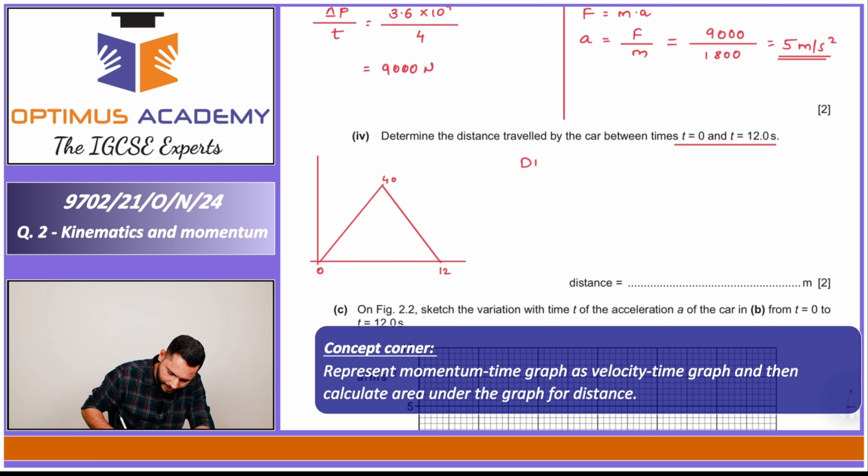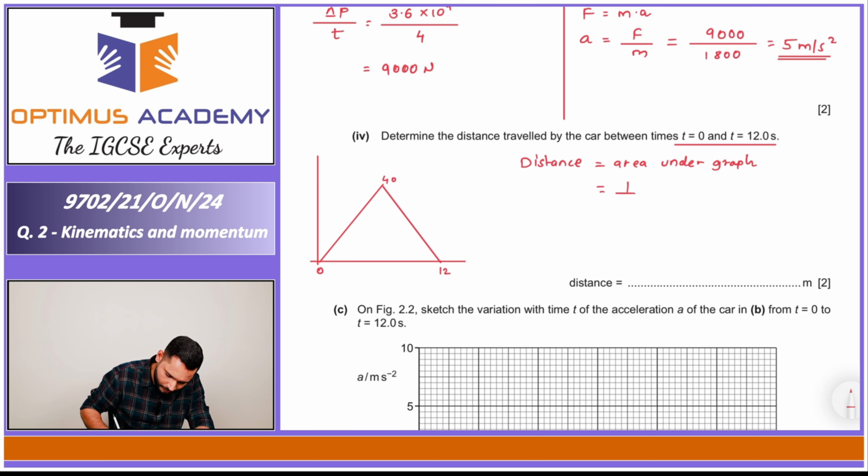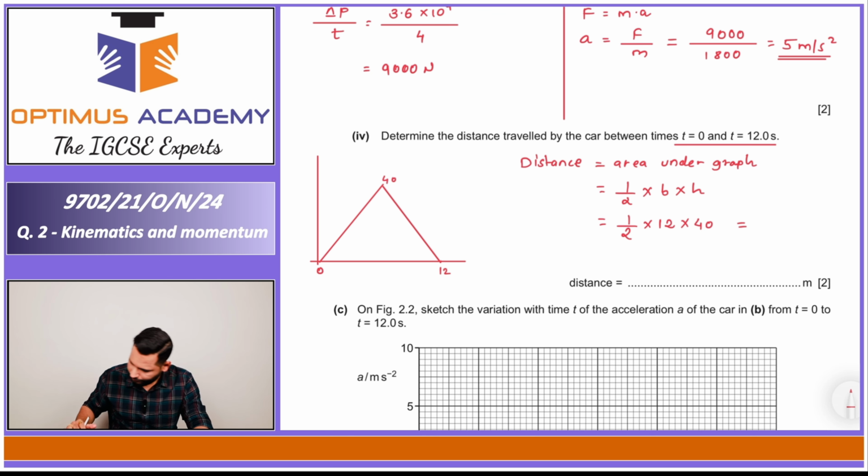So the distance can be calculated as area under graph, and that will be half into base into height. That is half into base is 12 and the height is 40. The answer is 240 meter.